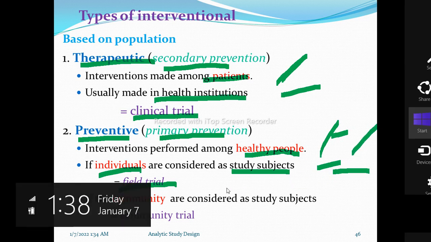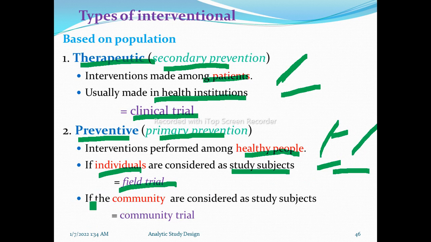So in the case of preventive, if the study groups are healthy individuals, it will be a field trial, whereas if the study groups are healthy communities, we will consider it a community trial. If the community is considered as the study subject, we will say community trial.